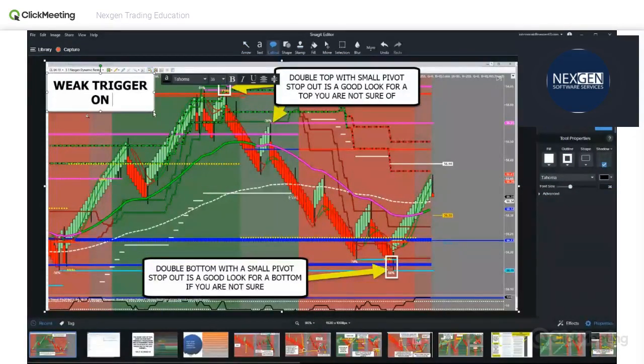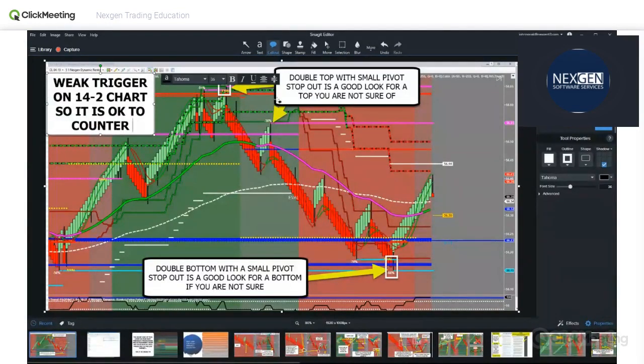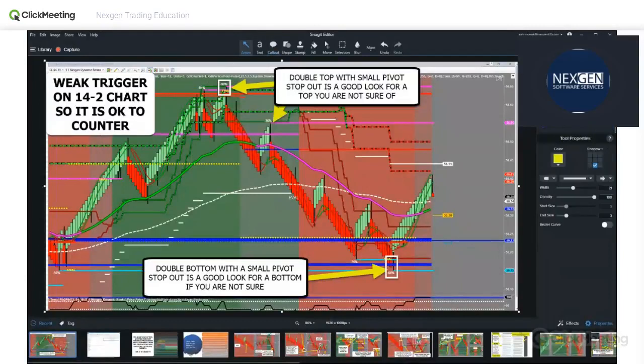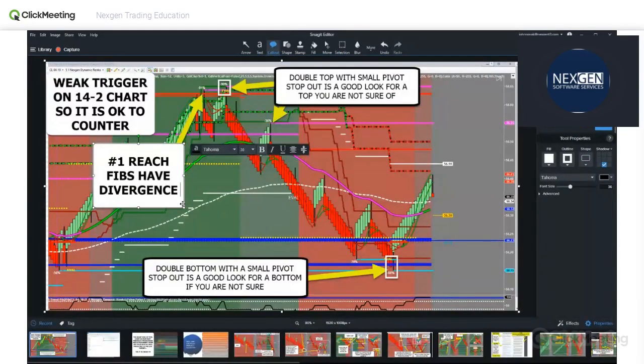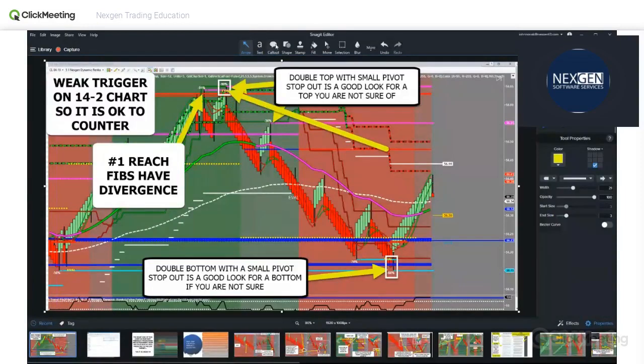Weak triggers on the 14-2 chart. So it is okay to counter. Okay? So number one, you're going to reach fibs and you're going to get a divergence. Again, this is all in the rules and the videos, but number one, reach fibs, have divergence, and then number two, you're going to place a limit order at the pink line.